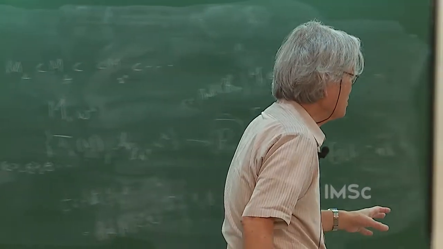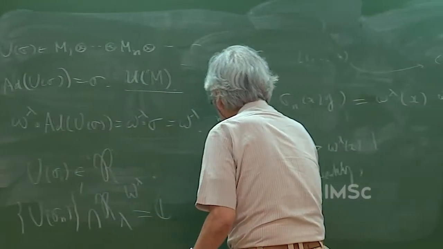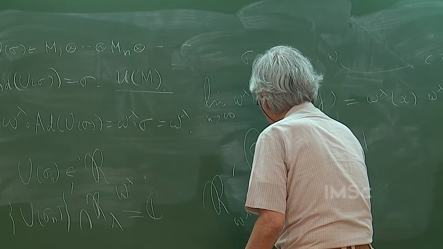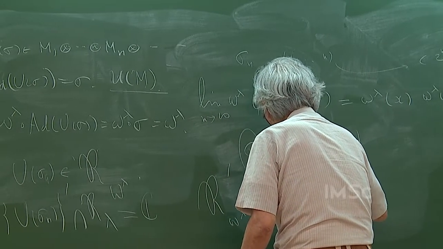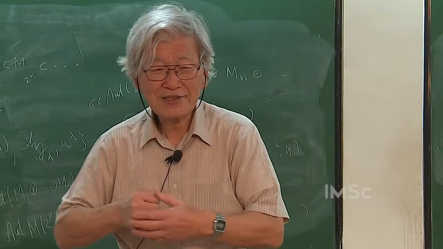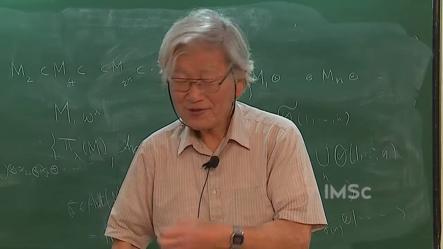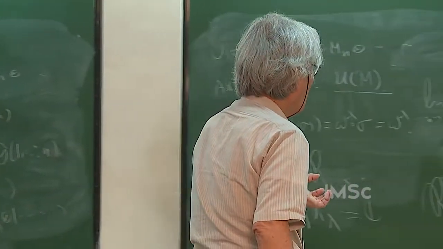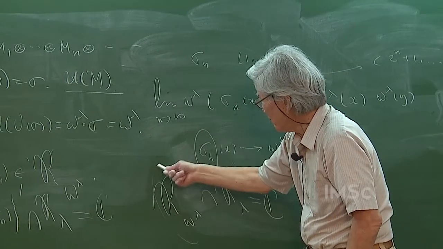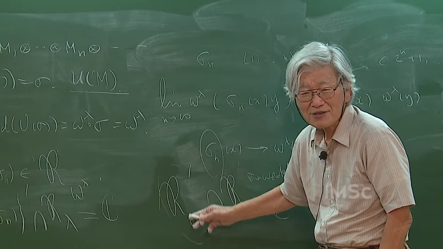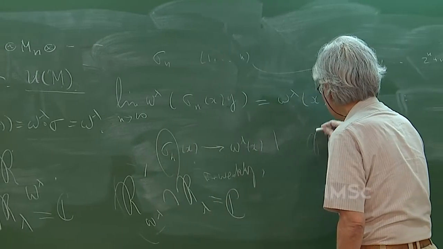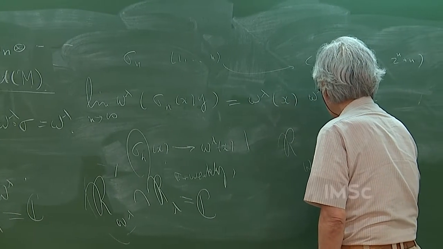So that means that the relative commutant of omega lambda in R lambda is scalar. So the fixed point algebra is very fat. So you know that then, in particular, the centralizer of R lambda is a factor.